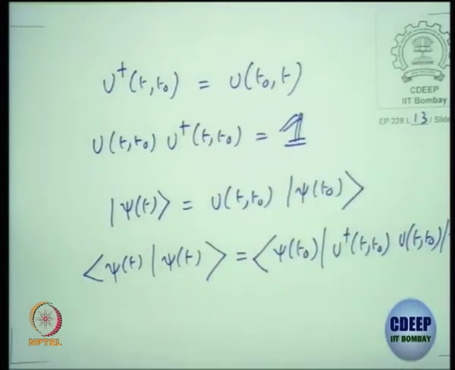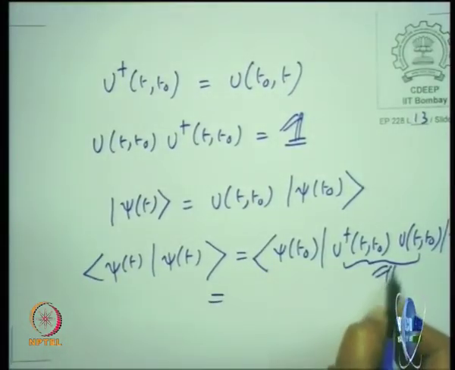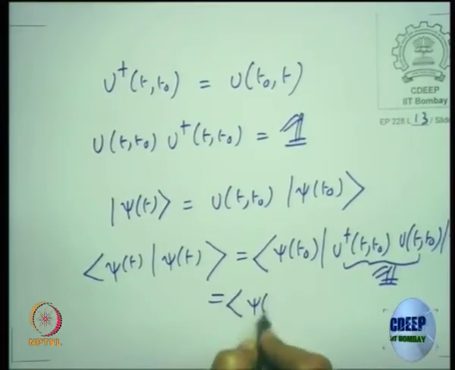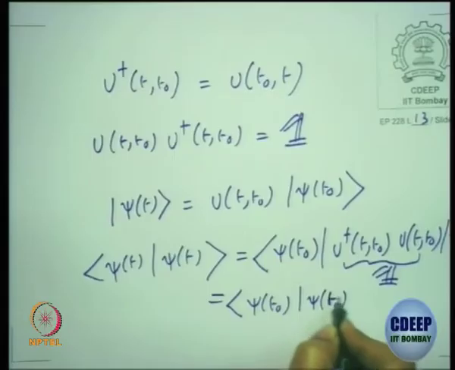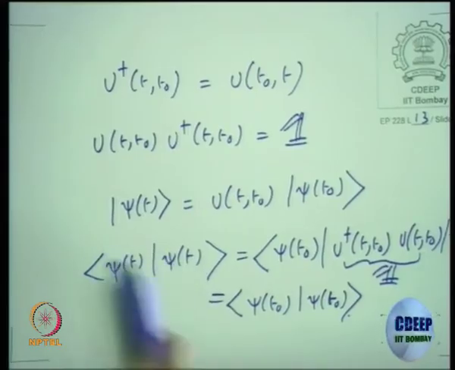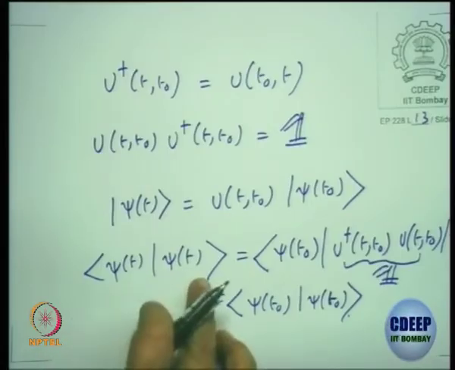Once you use that, this one is identity. So, the norm under unitary evolution of any state is preserved, right? The inner product of the state with itself is called the square of the norm, and it is the same whether you work it out at t or at t0.